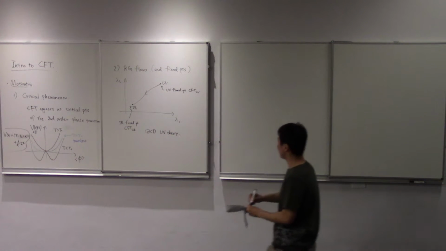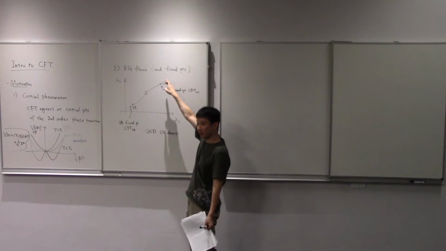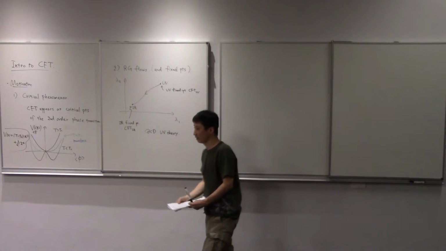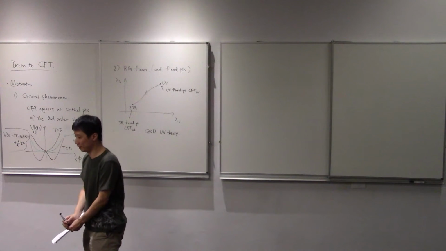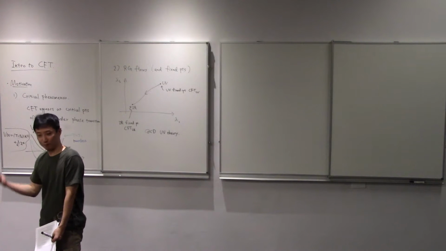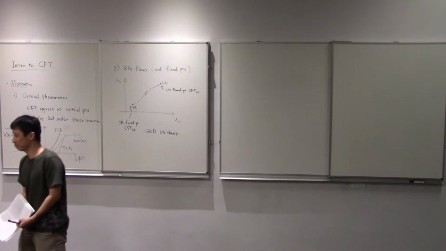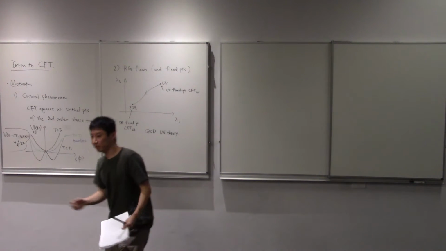So QCD at the ultraviolet extreme. What is the theory? What is in QCD? Fields: gluons and quarks, right? So it has vectors and fermions.